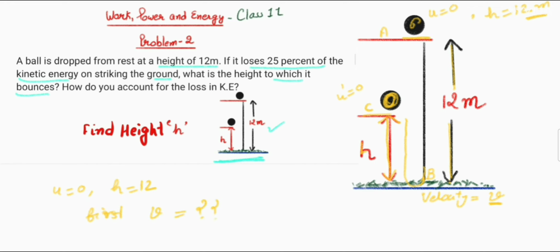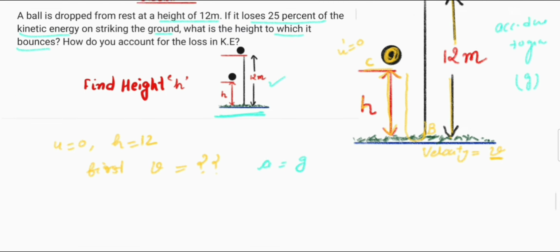When we drop a ball from the height h, which is equal to 12 meters, the ball will be under the effect of acceleration due to gravity, which is equal to g. So here a is equal to g.